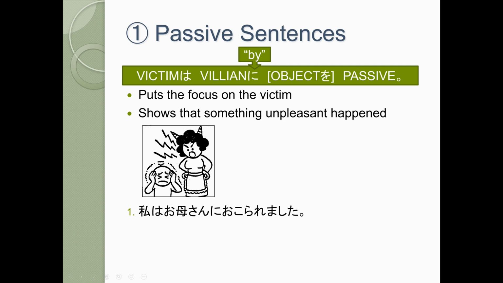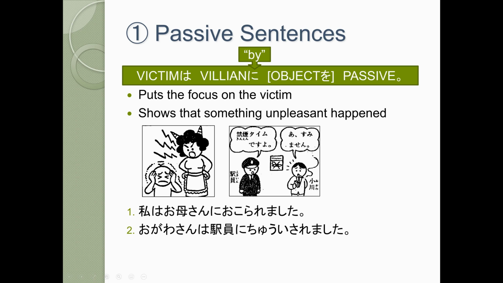So like I was gotten mad at by my mom is the idea. 小川さんは駅員に注意されました。So Ogawa-san was told off by the ekiin. He got scolded by the ekiin. And that made him feel embarrassed or upset.